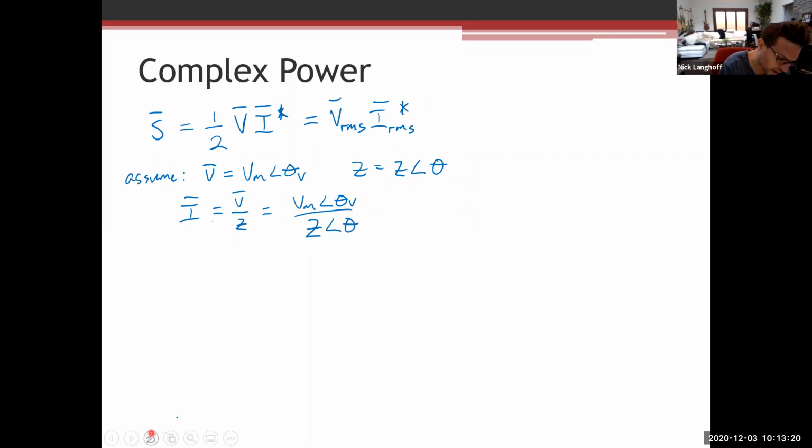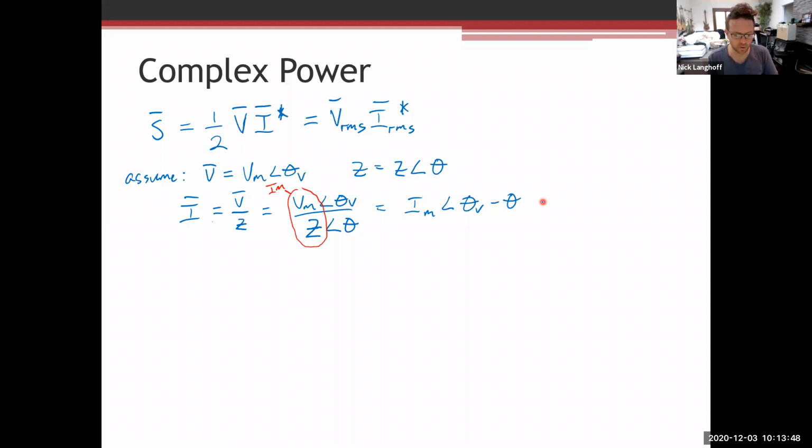Then the phasor I is equal to the phasor V over the impedance. We can write that as V max at an angle of theta V over Z at an angle of theta. And what we'll recognize is that this value here is just I max, right? V max over Z is I max. And so we can write this as I max at a phase angle of theta V minus theta.